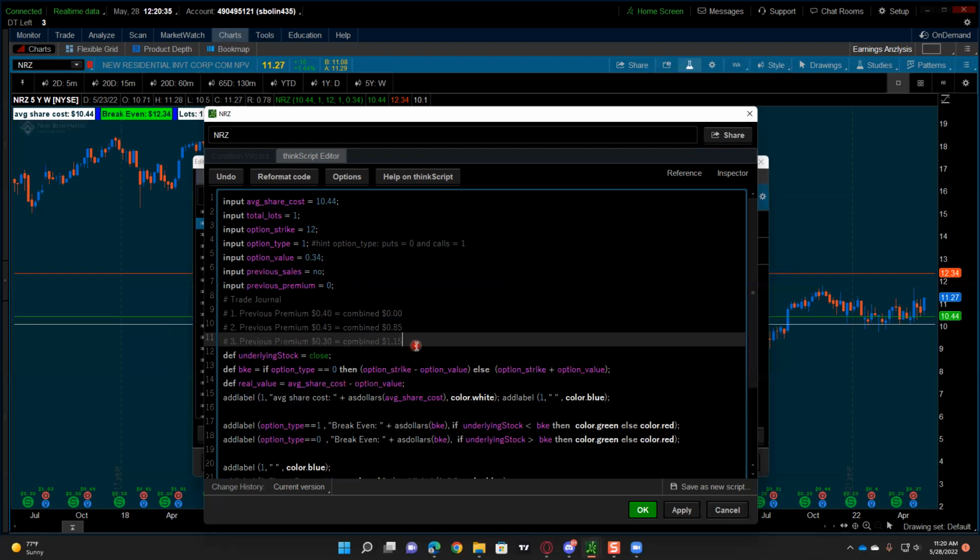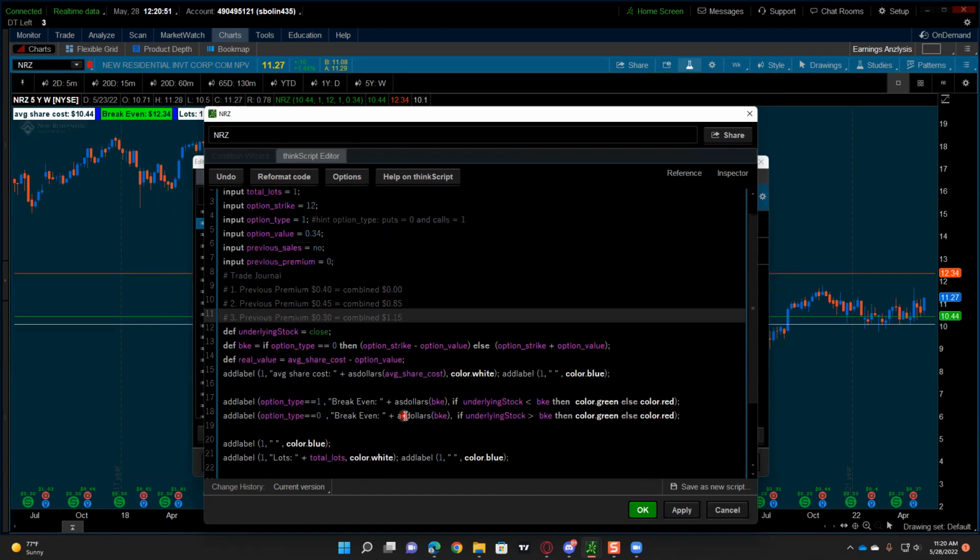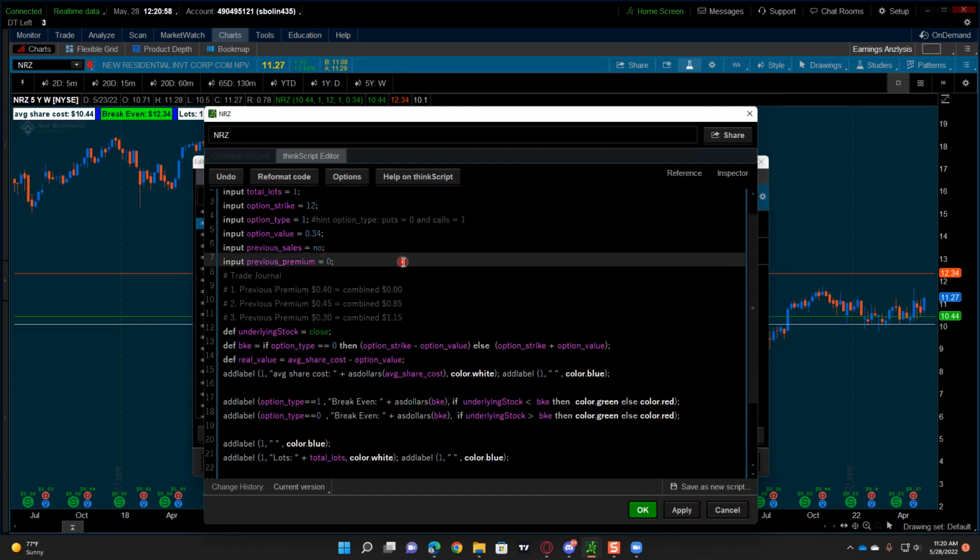And then I'm also this time selling it for 34. I could then have a real value showing or reflecting my actual stock price after all that premium has been taken out of it. So in the previous premium, I could use, just because of the example sitting there, the 115.